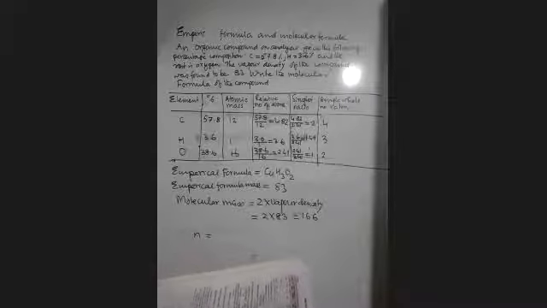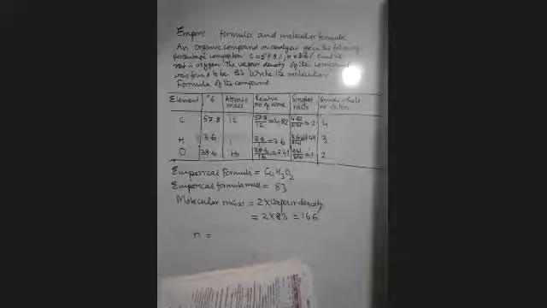A compound has 39.9% carbon, 6.69% hydrogen, and rest is oxygen.